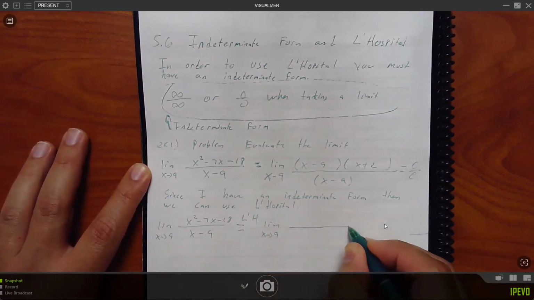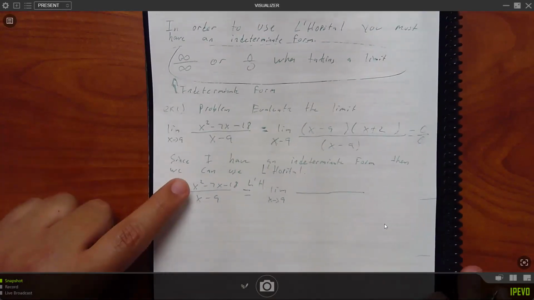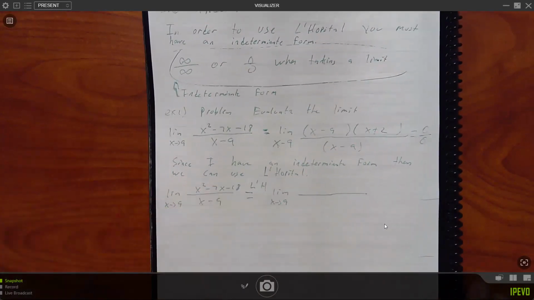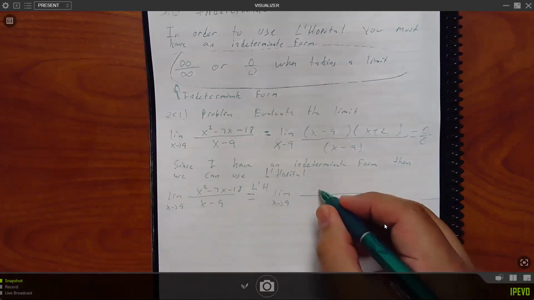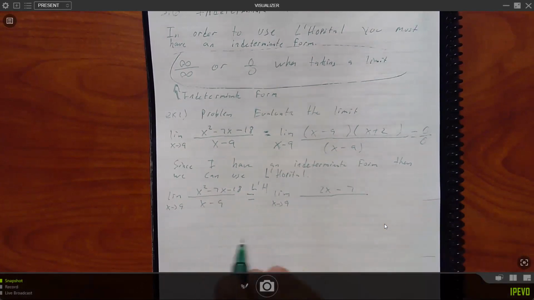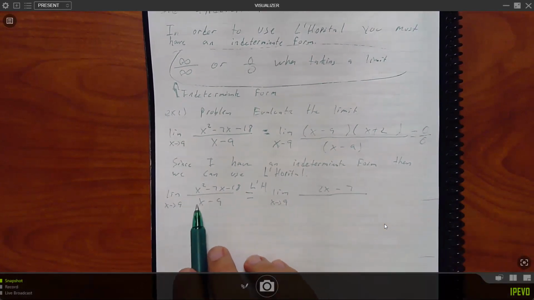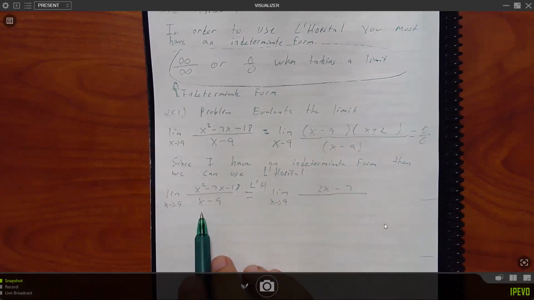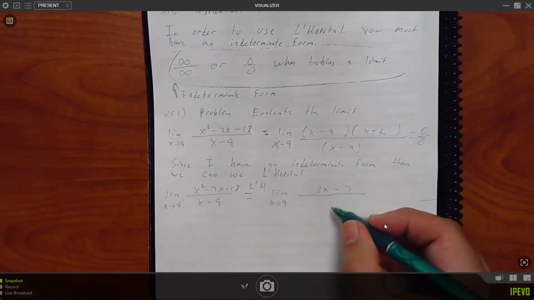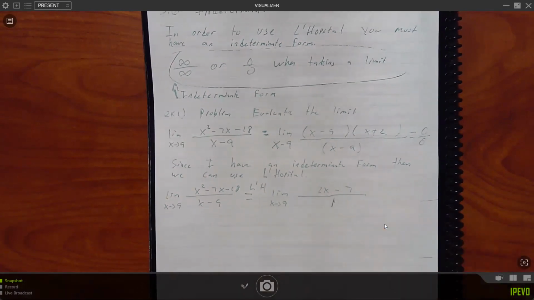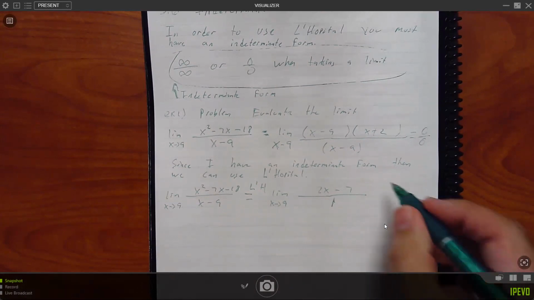So what is the derivative of the top? All right, let's do it separately. 2x minus 7. Yeah, 2x minus 7, right? Derivative at the bottom. It's just 1, right? Yeah. So now take the limit.